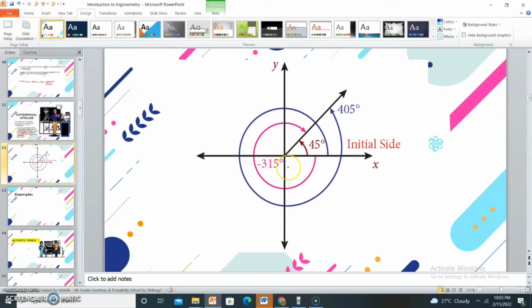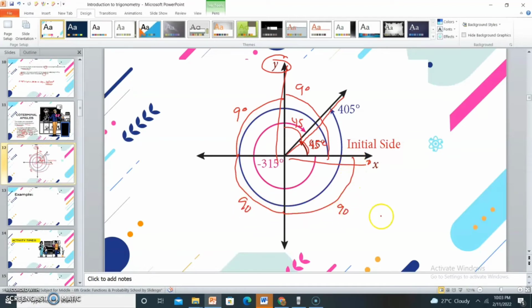This is an example of coterminals, within the x-axis, the initial side, and the y-axis. In this angle that is 45 degrees, and this is the right angle having 90 degrees, and another 90 degrees. So the rotation is 360.